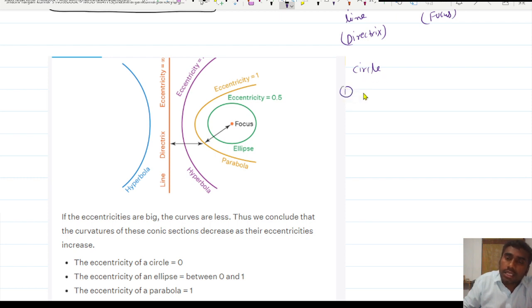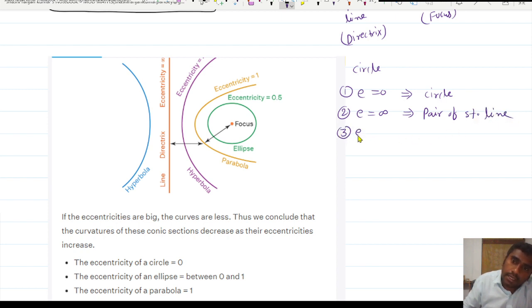If eccentricity is equal to 0, a circle will be formed. Second, if eccentricity is undefined, it will be the case of a pair of straight lines. Third, if eccentricity is equal to 1, this is the case of your parabola.